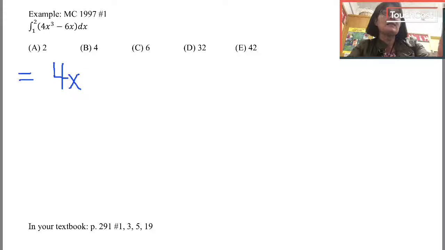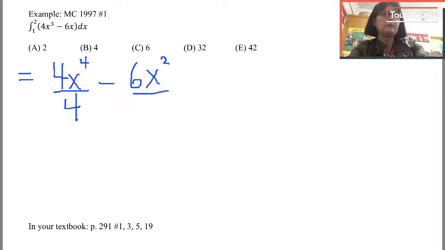I'm going to raise the exponent by 1 and divide by the new exponent. Minus, this is 6. I'm going to raise the exponent. It used to be x to the first, so I'm going to write x to the second and divide by the exponent. And I need to evaluate that from 1 to 2.